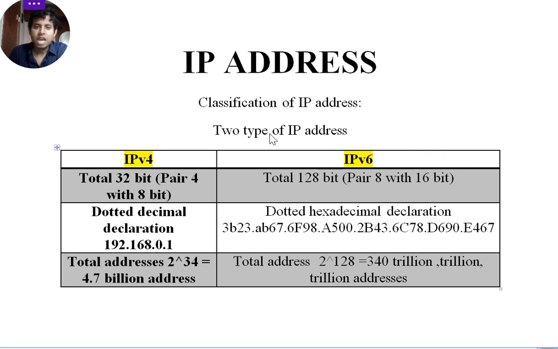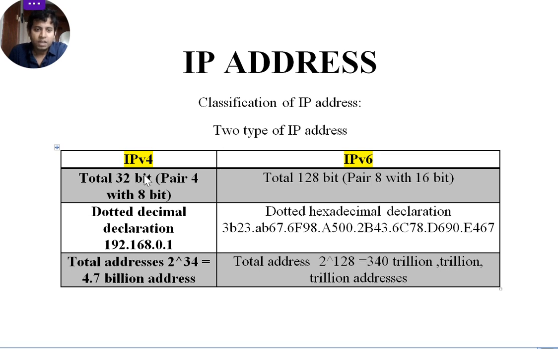IP version 6 is also being used at this moment, but it is not available on all our networking devices. Day by day we are using it for particular works, but it's not as general as IP version 4.